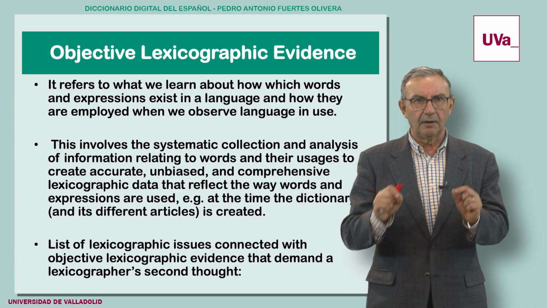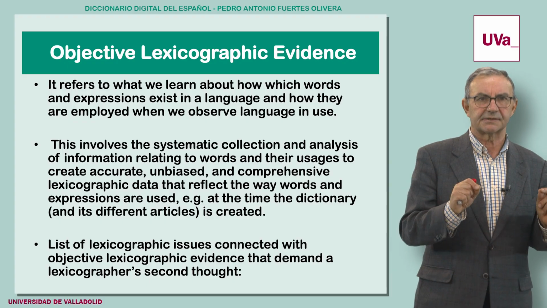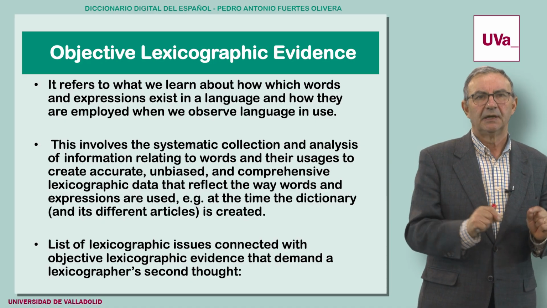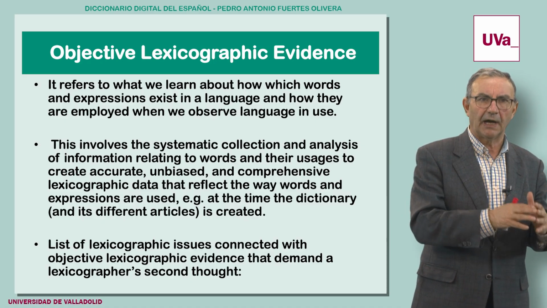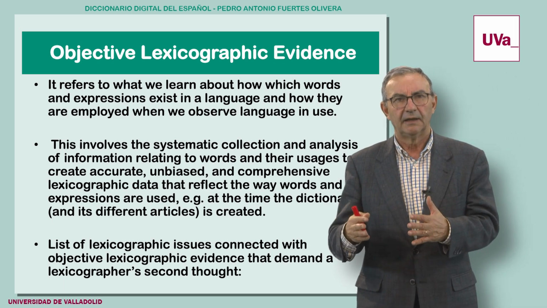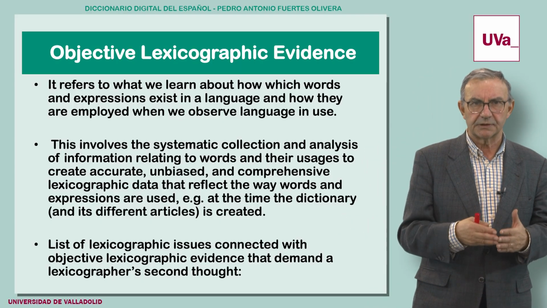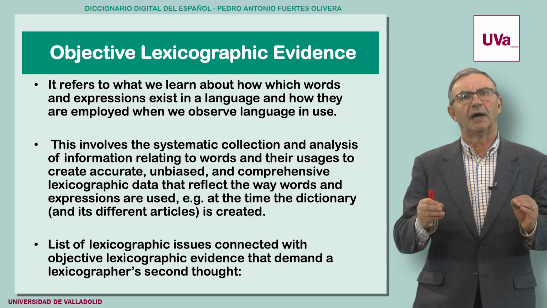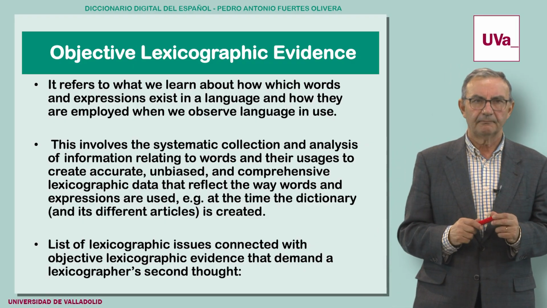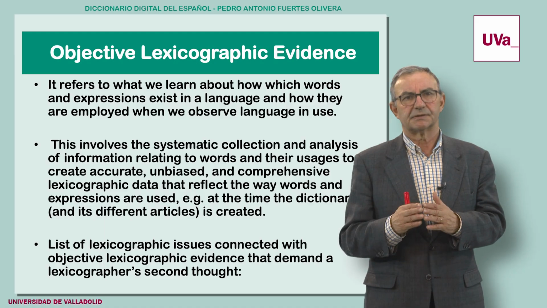This involves the systematic collection and analysis of information relating to words and their usages, and we use them to create accurate, unbiased, and comprehensive lexicographic data that should reflect the way words and expressions are used, for example, at the time we compile a reference work. The use of objective evidence for lexicographic purposes is well documented.